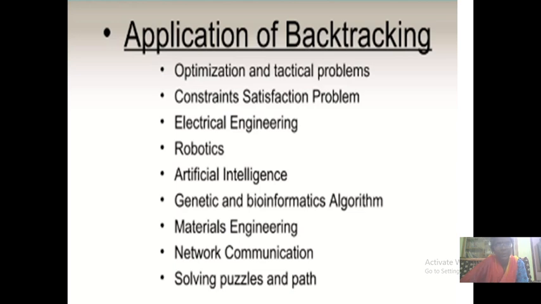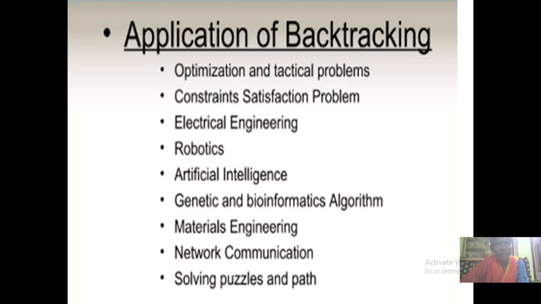Very importantly, applications of backtracking include finding optimization and tactical problems. Constraint satisfaction problems also come under backtracking, as do electrical engineering for circuit maintenance and monitoring work, and robotics for optimized arm moving and any task to be moved in real time.